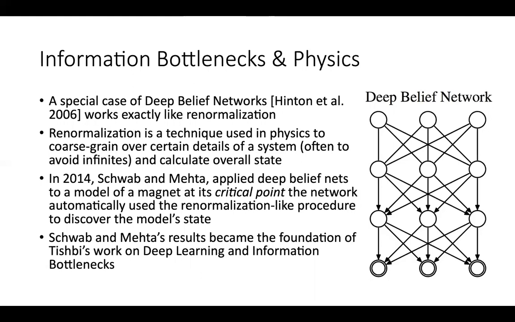A few years after that, two biophysicists, Schwab and Mehta, applied deep belief networks to a model of a magnet at its critical point. And what they discovered was that the network automatically used renormalization-like procedures to discover the model state. That spark of inspiration became the foundation of Tishby's work on deep learning and information bottlenecks. Tishby had worked on information bottlenecks prior to that.